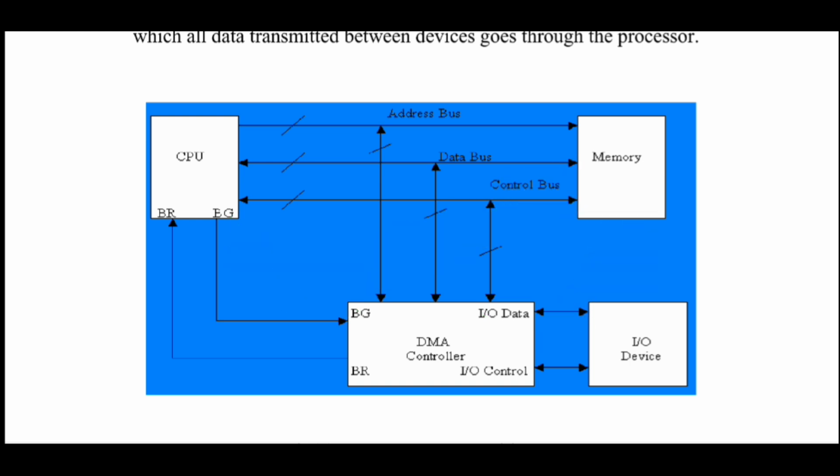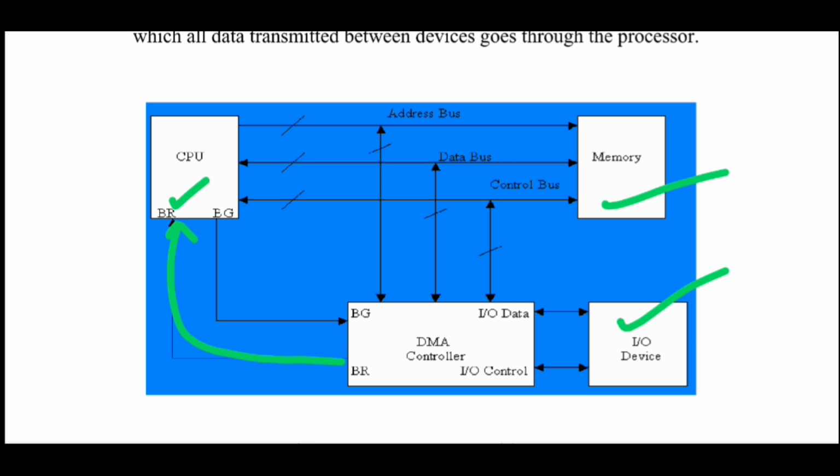Then it first makes sure the device taking part in the transfer is connected and the main memory is present. Then it sends a bus request, BR, also called a hold request.